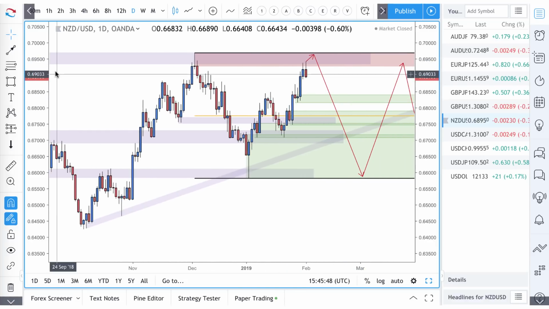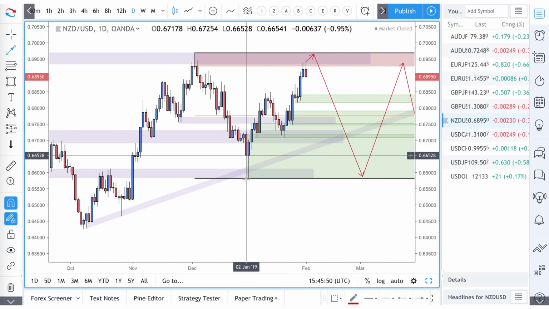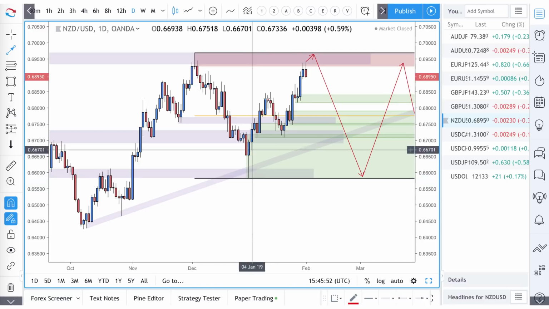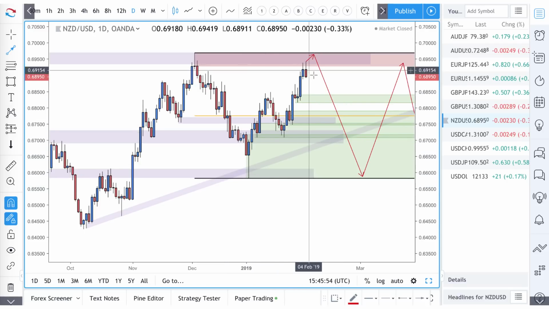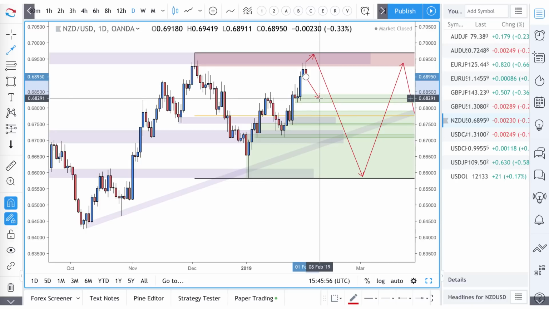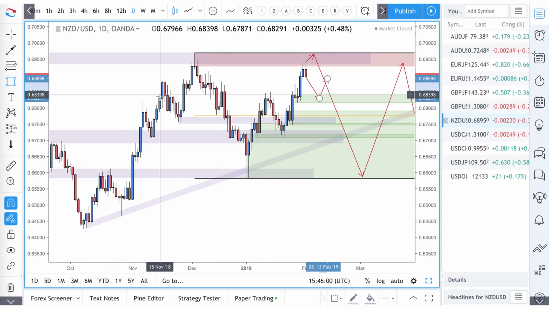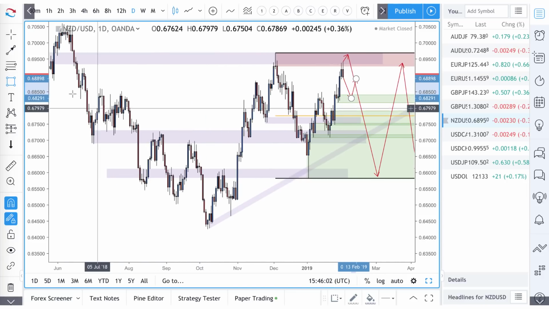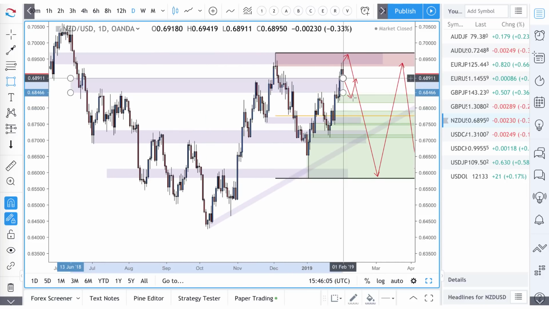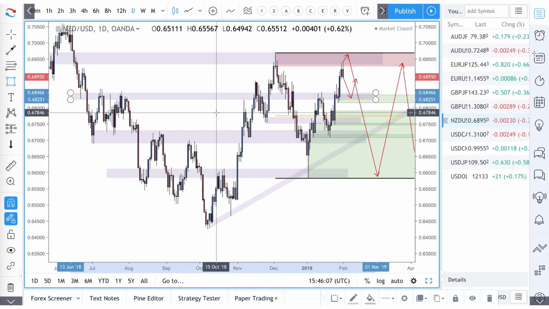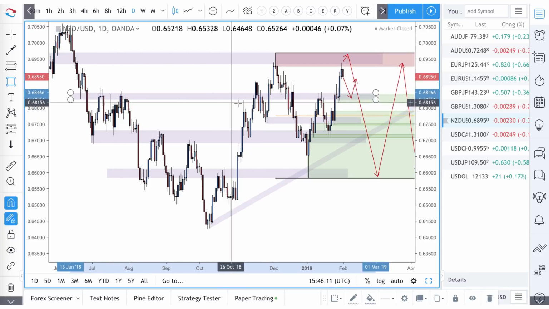If you are looking for a long trade continuation of this trend within the range, higher highs, higher lows, then this would be the first area to look for long trades. Let's look to the left. There's a level where it's been used as support and resistance.